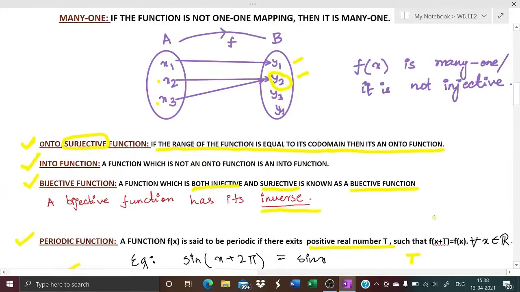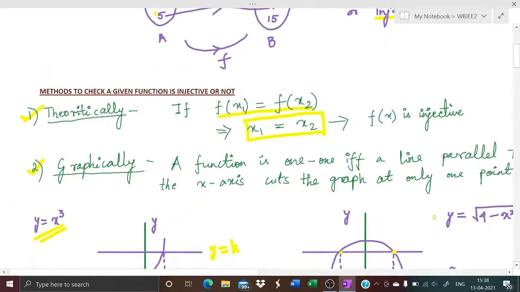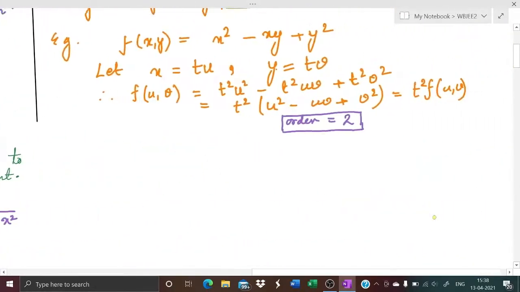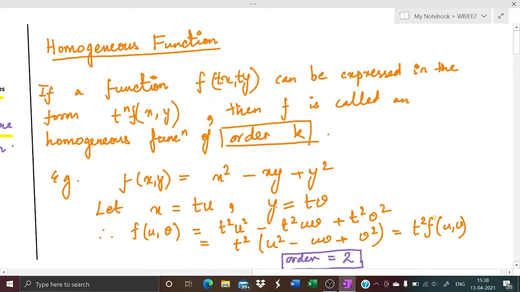Okay. Now one extra thing that I will say, that is homogeneous function. Okay, what is a homogeneous function? Suppose you have a function of the form f of tx and ty. I have taken this example for a two variable function. This can be 3, 4 or multivariable also.